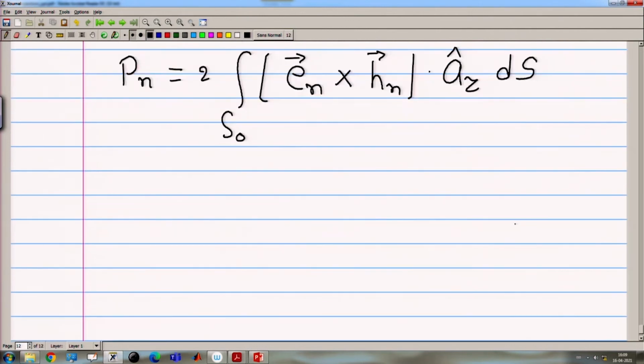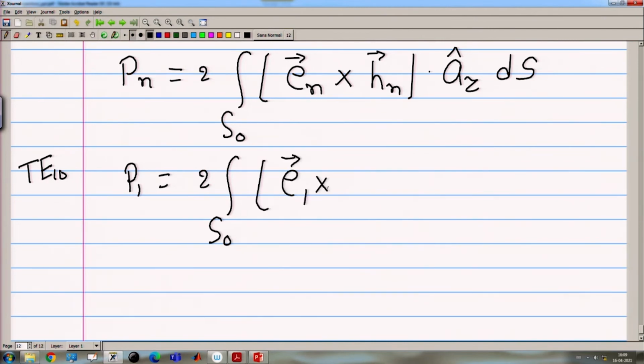So, for T10, this P1 will be 2 of S naught E1 cross H1 Az ds.